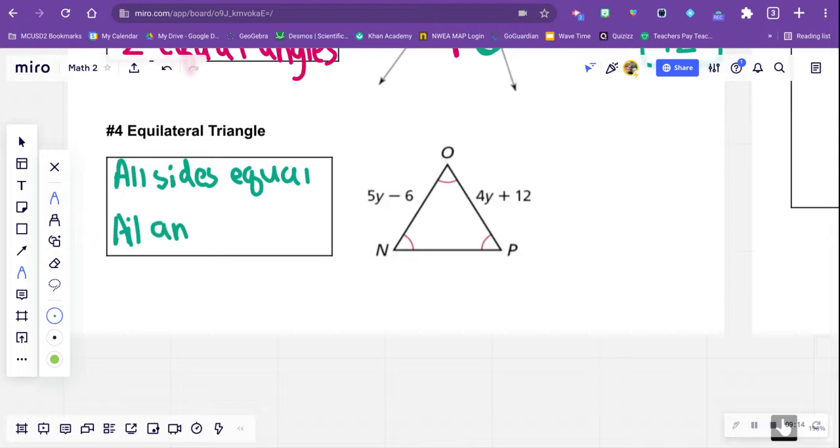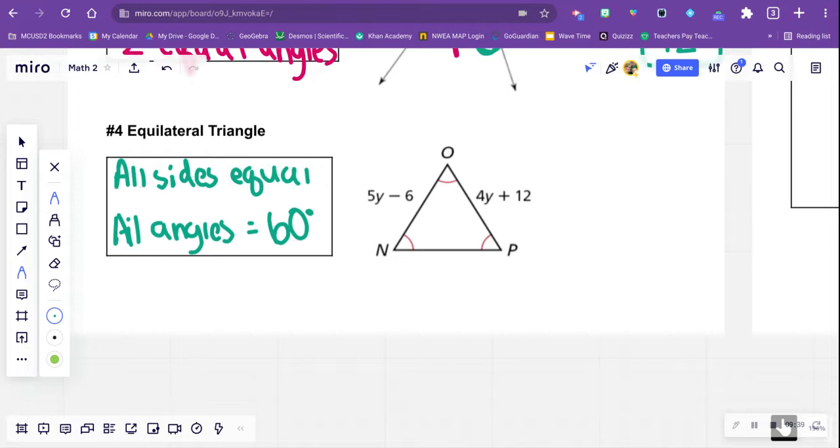And if all angles are equal, dividing the 180 by 3 is going to give me 60 degrees. So I know that every single equilateral triangle, no matter if it's 23 inches around or 59 inches around, all of the angles are always going to be 60 degrees. But this example deals with the sides since I'm outside the triangle.